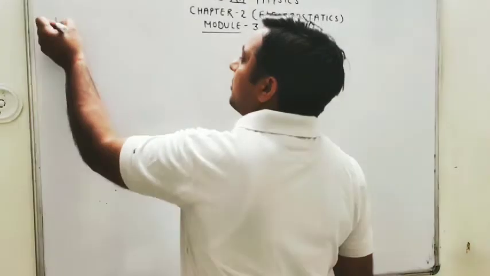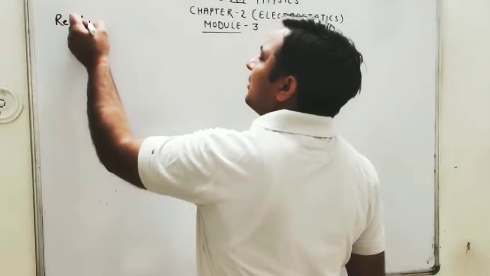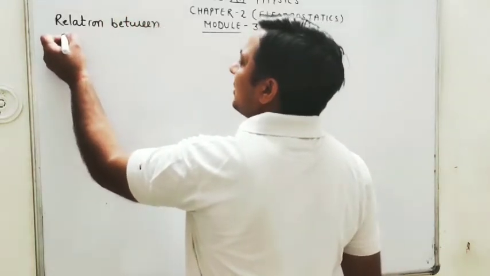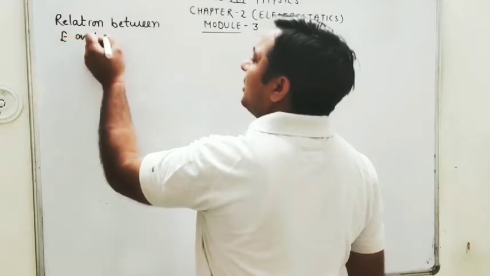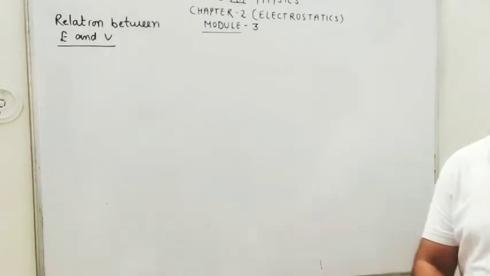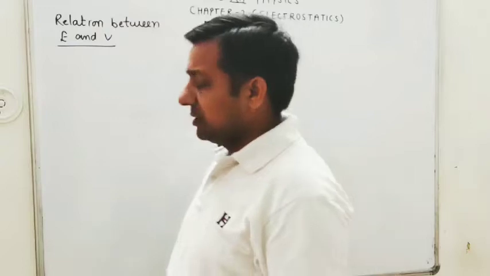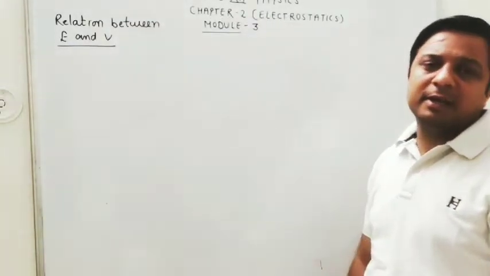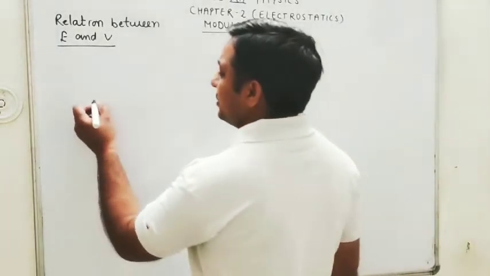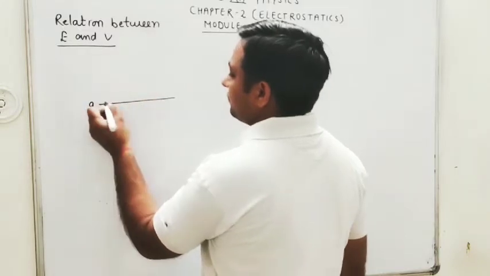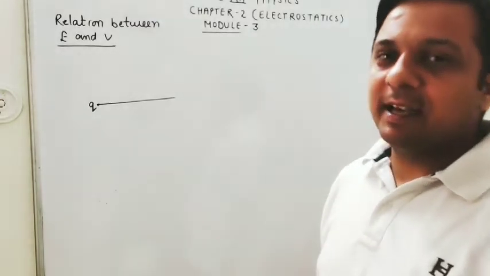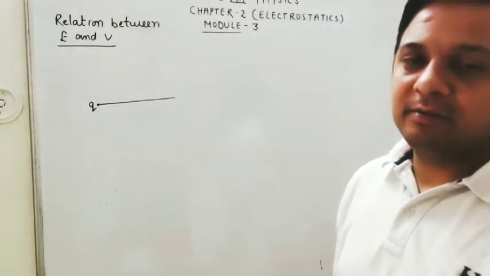Now, another very important relation between E and V. E means electric field and V means potential. In this topic we will find out the relation between electric field and potential difference. For this, let us consider a charge Q. You know, each and every charge has a potential at a finite distance.